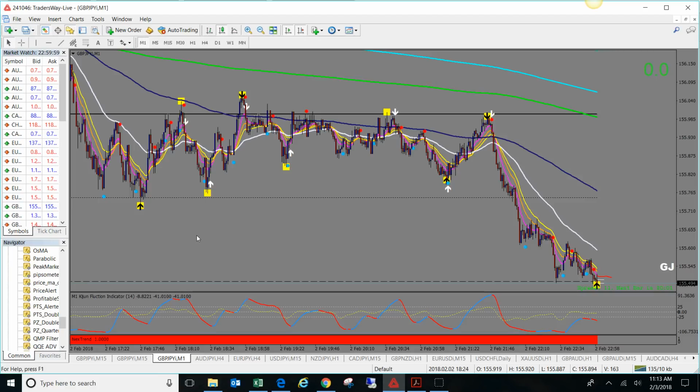It's not going to disappear and jump around on the screen and move somewhere else. Now the downfall, just like the other ones, is it will give a lot of signals. So don't try to take every little blue buy or red sell that you see. You probably can, but I don't recommend it.